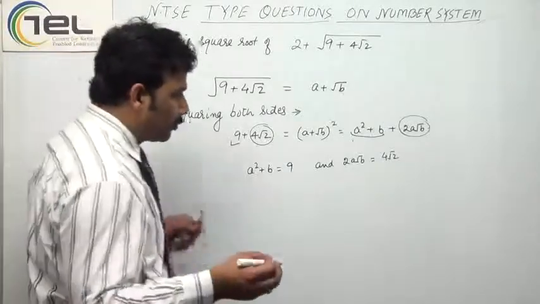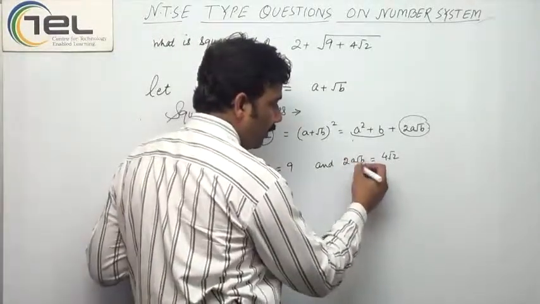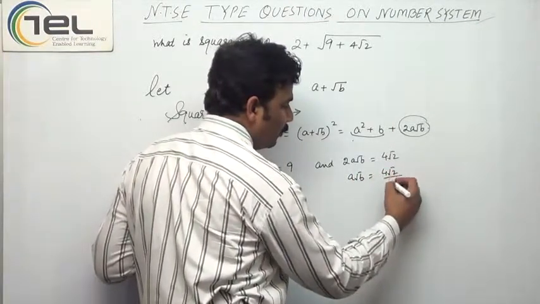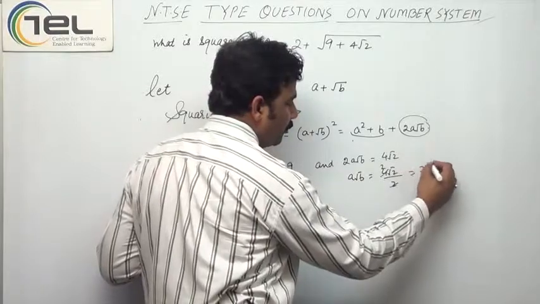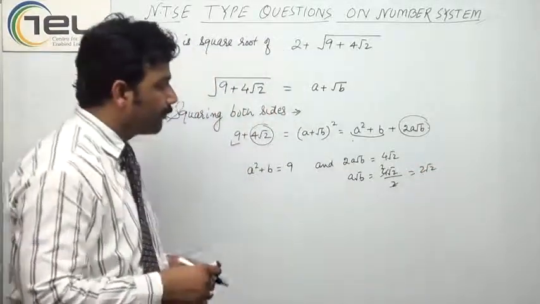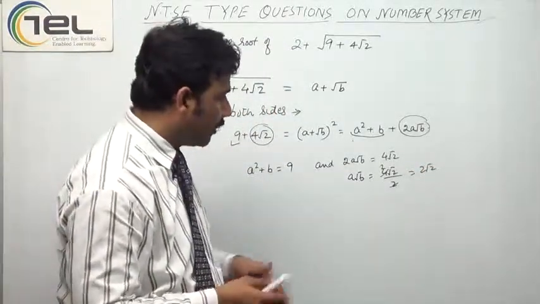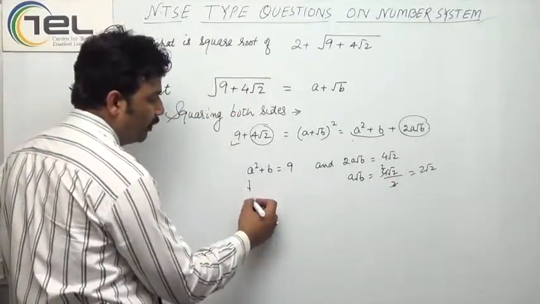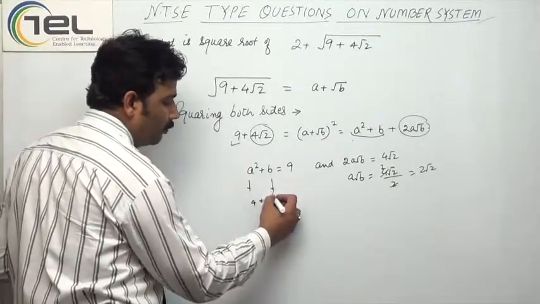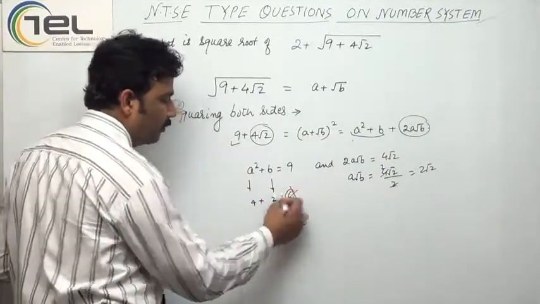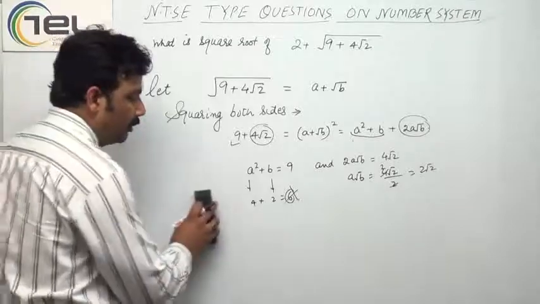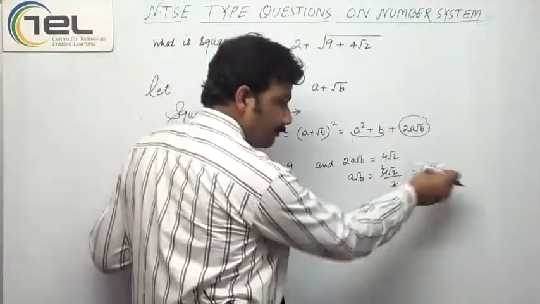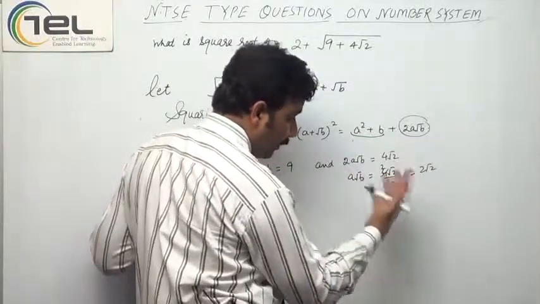If I put a equals 2, then root b equals 4 root 2 upon 2, which is 2 root 2. If I take b as 2 and a as 2, both are 2, so a square is 4 and this will be 2, so it will be 6. So it is not equal to 9, so a is not equal to 2. Again, what is another value I can take?